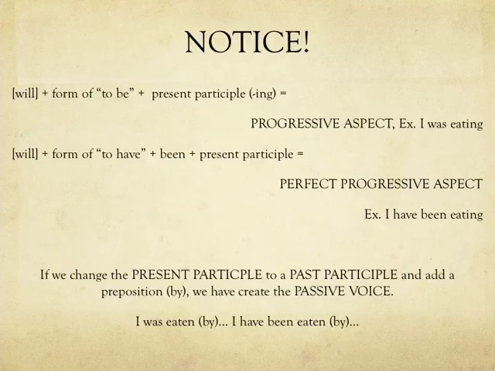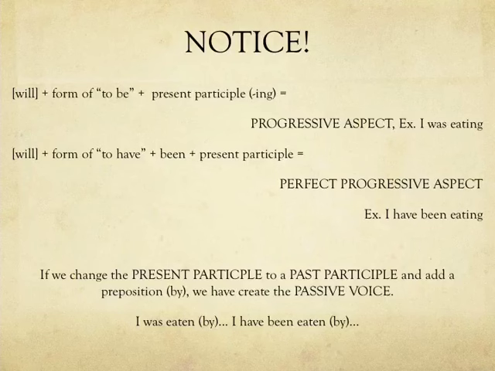So what we can see from what I've written up is we have the progressive aspect and the perfect progressive aspect, right? And these have a form of to be, or been in the case of the perfect progressive, and a form of to have as well in the perfect progressive, with the present participle, okay?